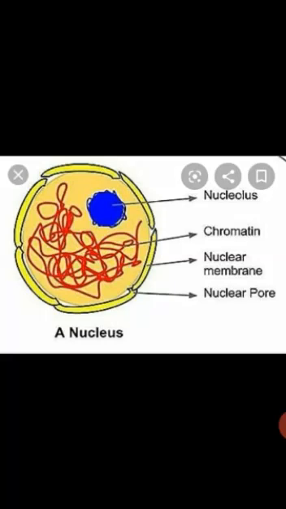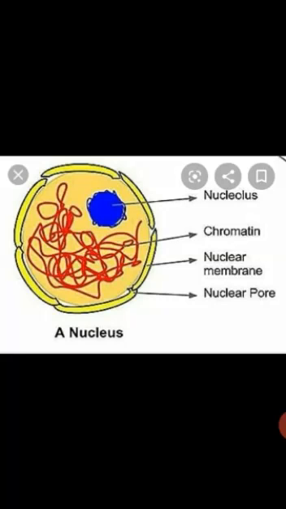So for this reason nucleolus is also called as the factory of ribosomes. Ribosomes play a very important role in protein synthesis. So definitely nucleolus is very important in the nucleus. Moving on to the chromatin, that's the red thread-like structure you can see here.